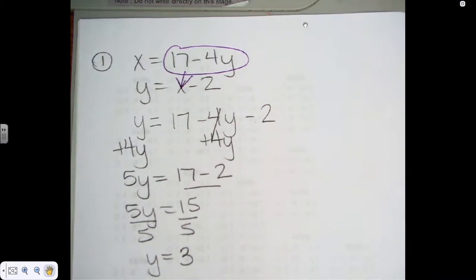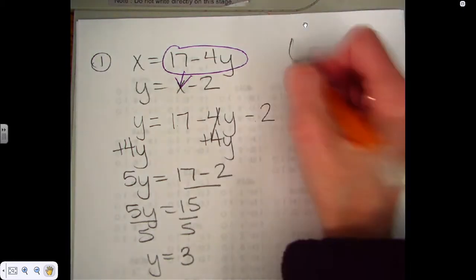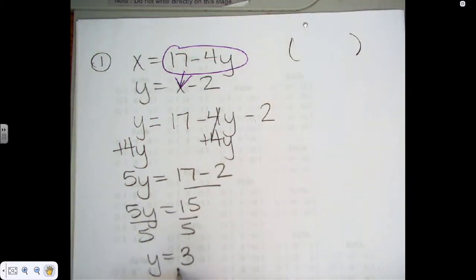Now, remember, we're trying to find where these 2 intersect, and they intersect at a point. A point is going to have an x value, an x coordinate, and a y coordinate. Be careful, we discussed this in class. This is y is equal to, so it's going to go in the second spot. Okay. Now, I've solved for y, so now I take this value and plug it into my equation to solve for x.